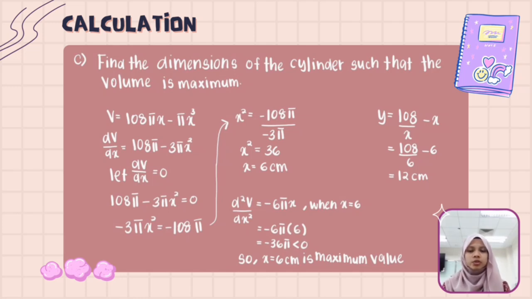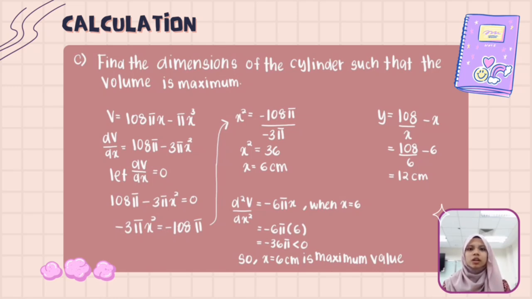So we need to know whether the value of x is the maximum or minimum. So we substitute the value of x into the second derivative. So it will become negative 6 pi times 6 equal to negative 36 pi. So negative 36 pi is less than 0. So x, which is the radius equal to 6 cm, is the maximum value. So next we need to find the value of y, which is the height.